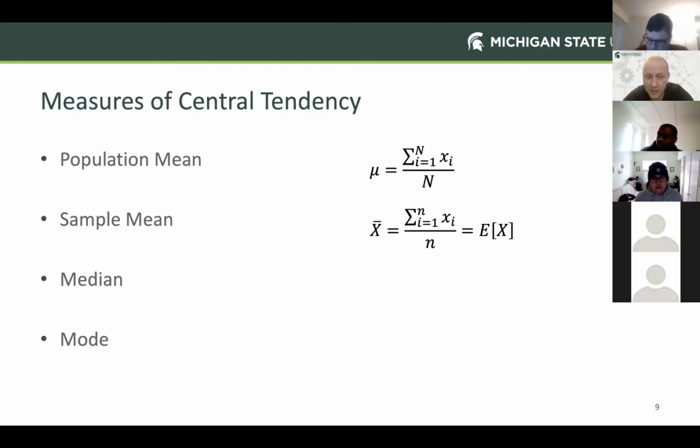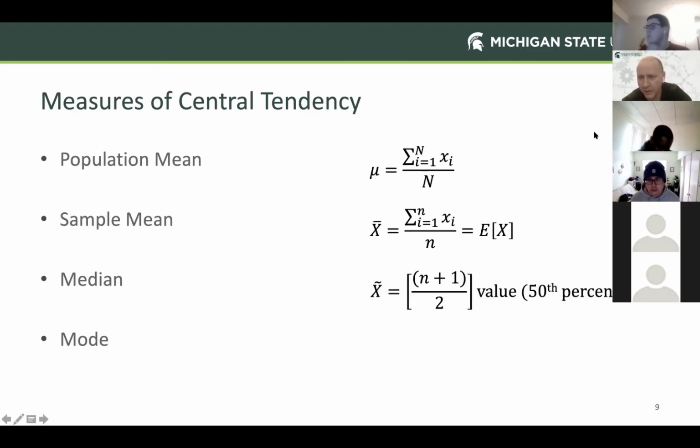And so as a consequence of that, as an alternative to using the mean as our best guess of the expected value or the central tendency of that data set, we can use the median. The median, as you're all hopefully familiar, is just whatever the middle value of that data set is, or the 50th percentile. For example, let's say we had 9 observations.